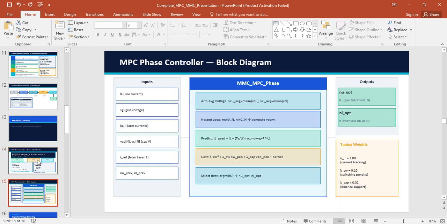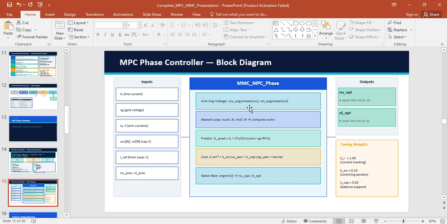All right. So this is the overall block diagram. You have the inputs IL, VG, IU, VCU, IRF, and NU previous, and NL previous, sorry. So these are the previous commands. We should know what the previous states are, what our current state is, and what will be the next state.